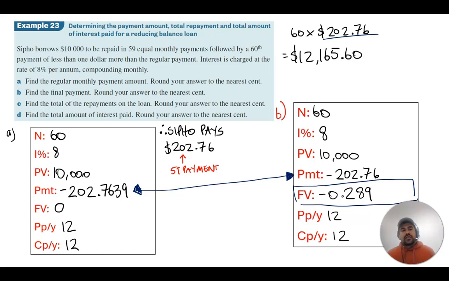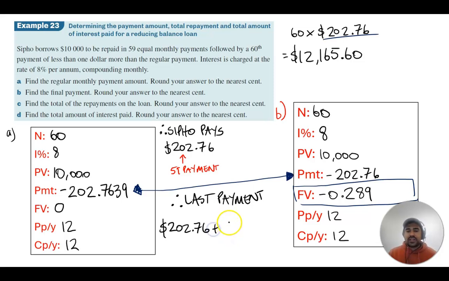So the amount that Sifo has to pay back to the bank is what he usually pays, plus an additional 29 cents to compensate for that error, that little extra bit that's there. So therefore, the last payment is what he would have paid usually, plus an additional 29 cents.